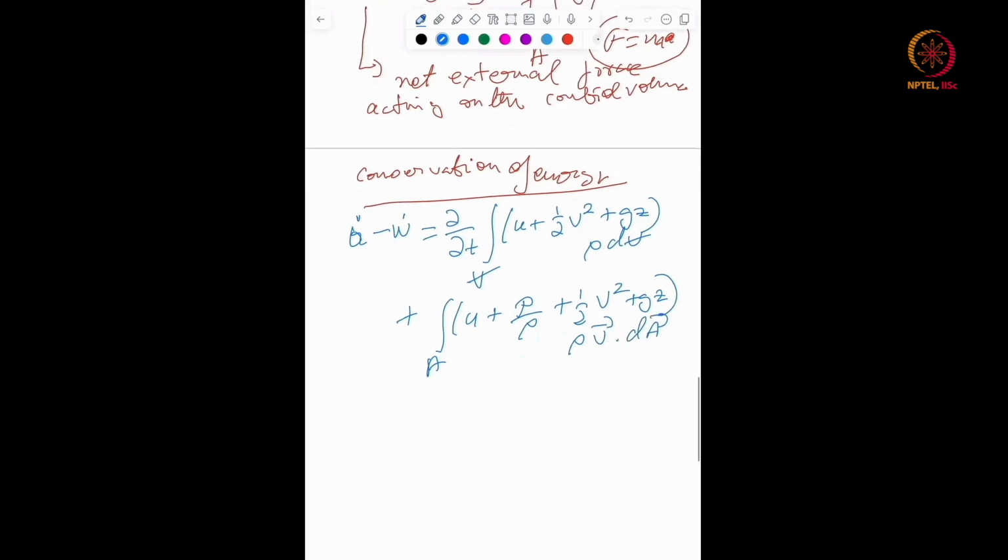So Q dot is basically the rate of heat transfer. Okay. And W dot is equal to what we call the mechanical power produced.